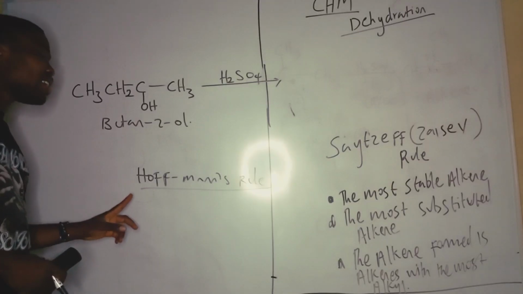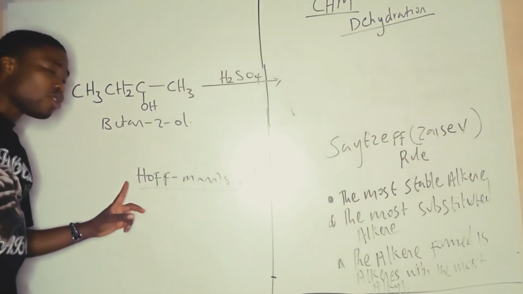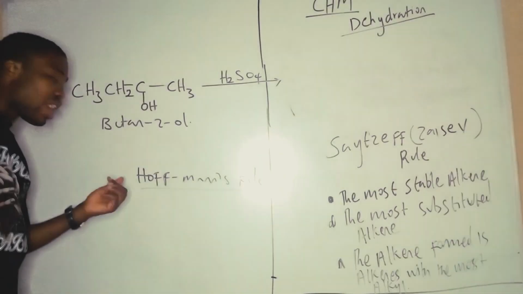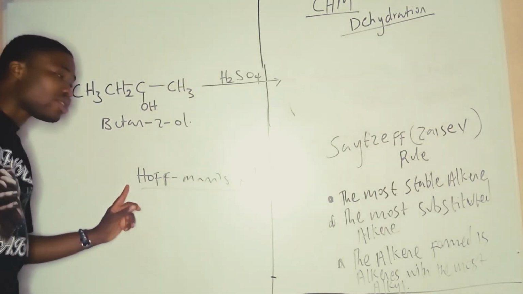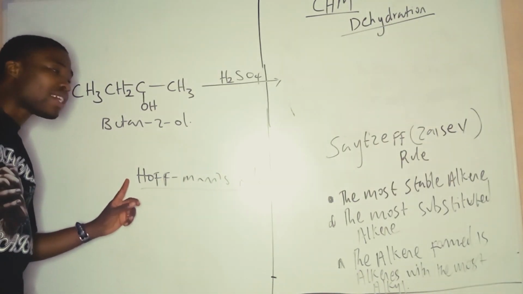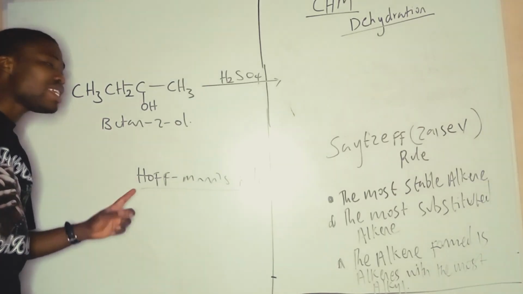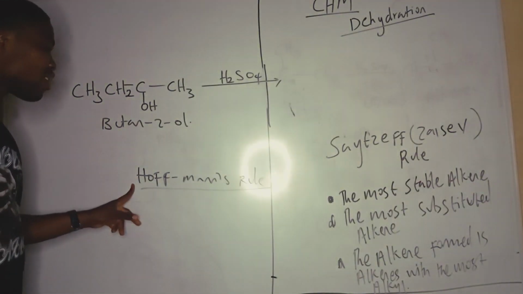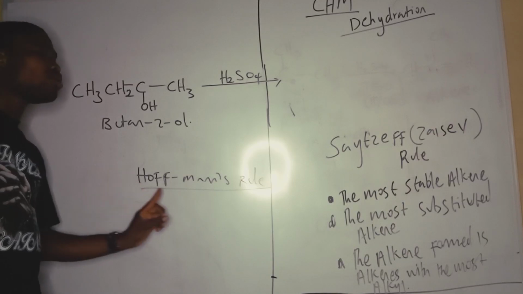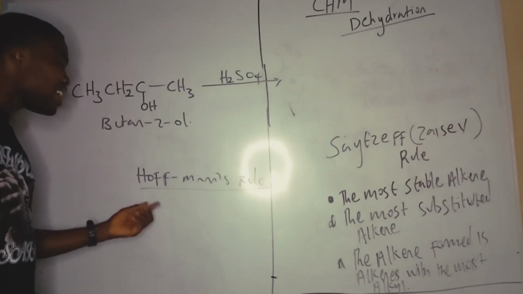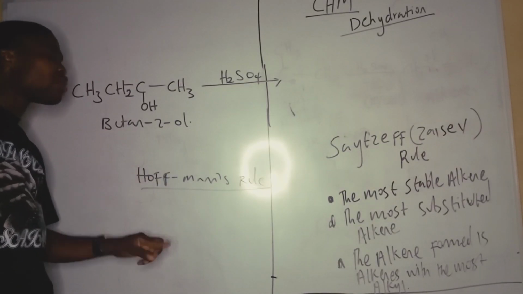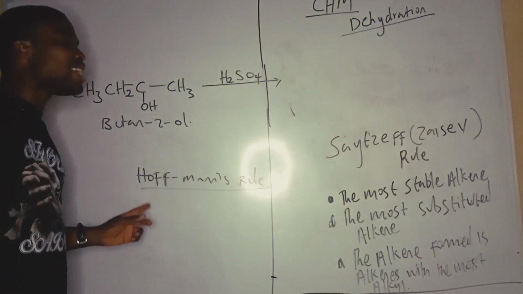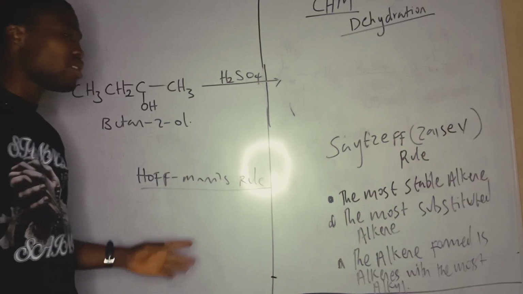According to Hofmann's rule, the most stable alkene is actually the alkene that is least substituted, with the least amount of alkyl groups or substituents, which is directly opposite to the Saytzeff rule.